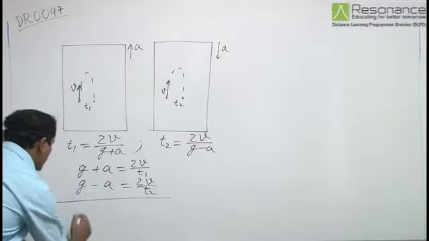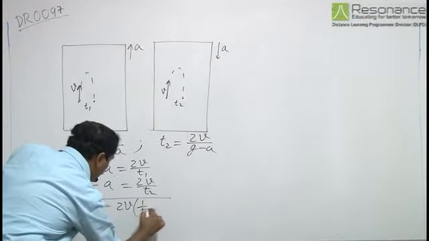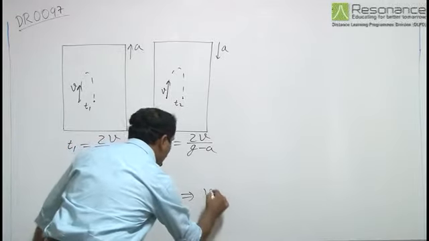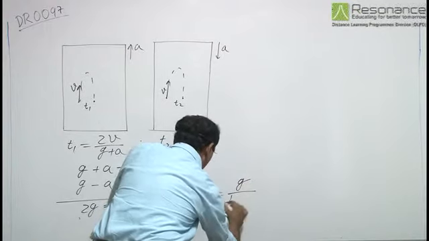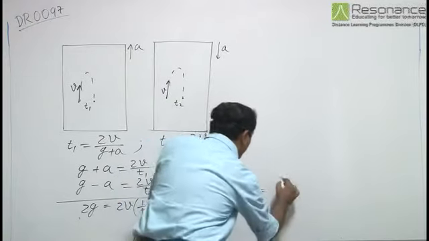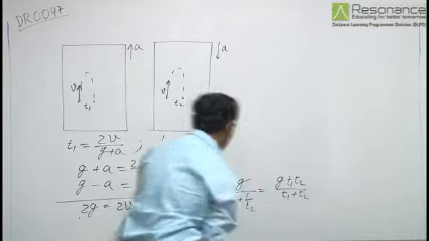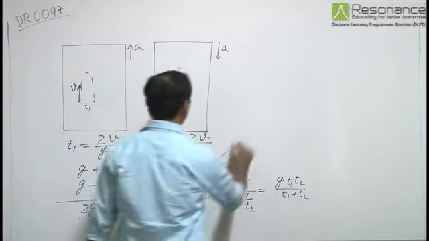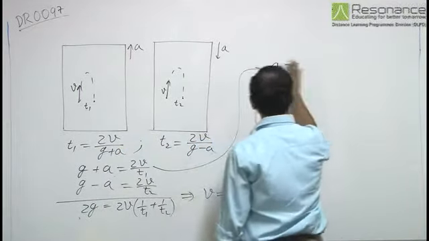Adding these two relations, we have 2g is equal to 2v into 1 by t1 plus 1 by t2, or we have v to be equal to g by 1 by t1 plus 1 by t2, or we have g t1 t2 by t1 plus t2. This is the velocity, and putting v in the first equation we have a.